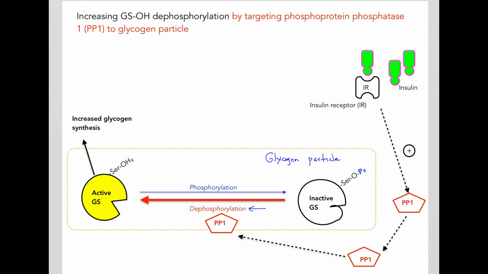What insulin does is when it binds to the receptor, that will lead to the transfer of this protein PP1 from the cytoplasm to the glycogen particle. So when PP1 is targeted to the glycogen particle, now it can start dephosphorylating, remove these phosphates, converting inactive glycogen synthase into active glycogen synthase. So the concentration of active glycogen synthase will rise, and that will lead to increased glycogen synthesis.